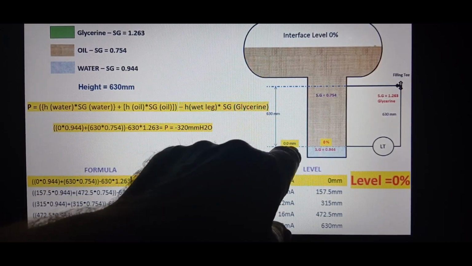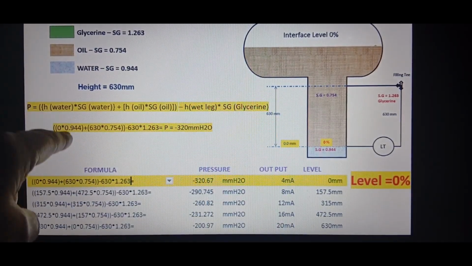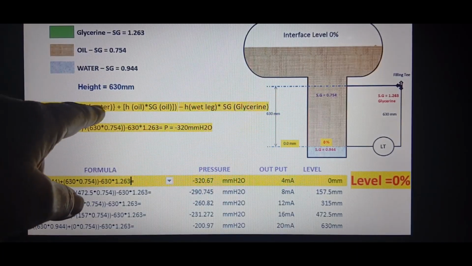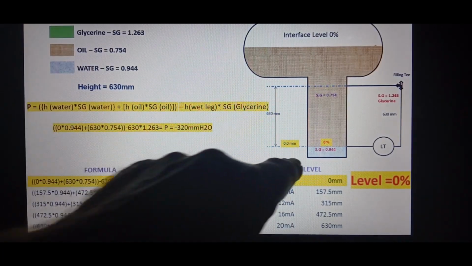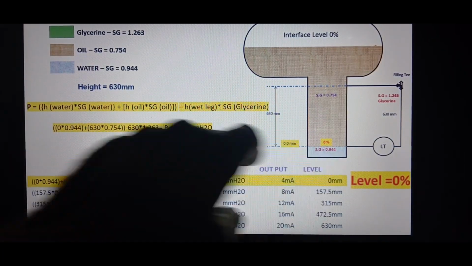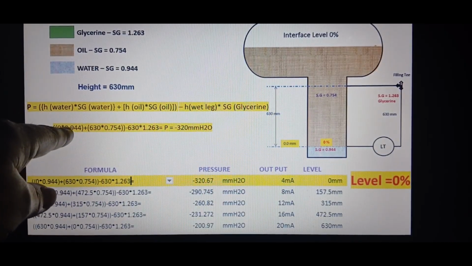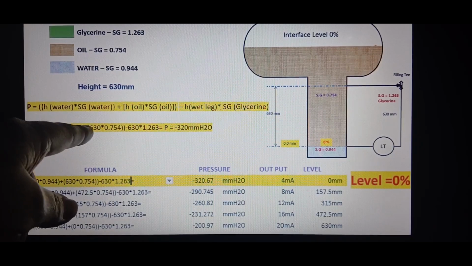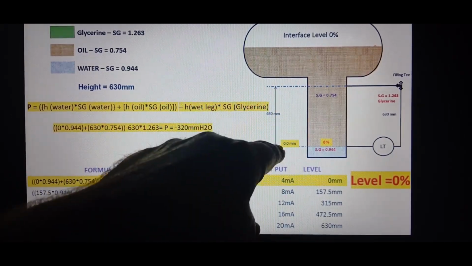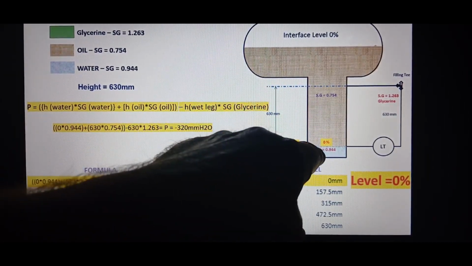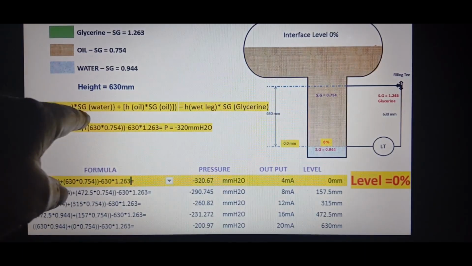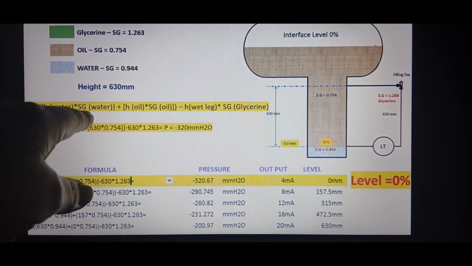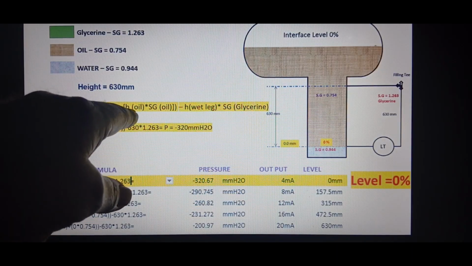Your water level is 0. So water, the height is 0. 0 times whatever the SG is, that was 0.944. So 0 times 0.944 will still give you 0, plus the 630, which is this distance, which is now oil. The oil is full, times the oil SG.